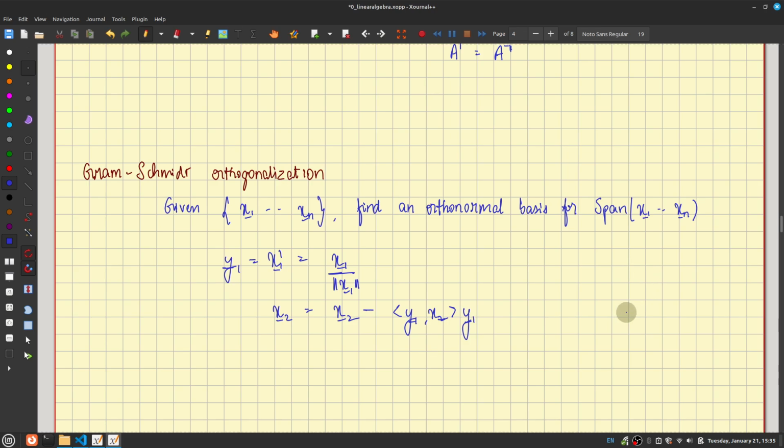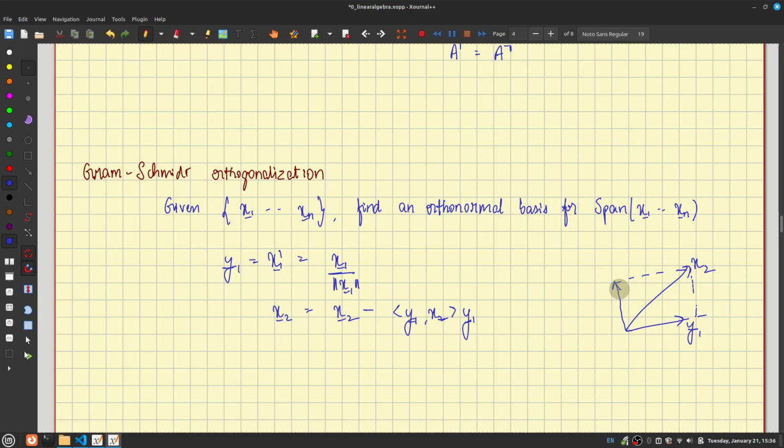So effectively, I took the first vector, this was my y1, and I have some other vector, let's say x2, which is not orthogonal to y1 and neither is it of unit norm. So basically I find the projection of x2 along y1 and subtract the projection.